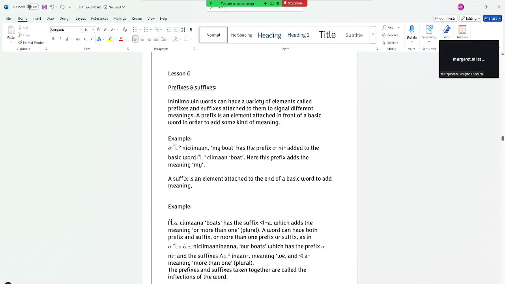So a prefix is an element attached in front of a basic word in order to add some kind of meaning. And here's an example. Nijiman. And here it is written in syllabics.